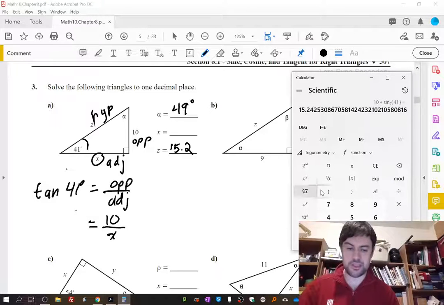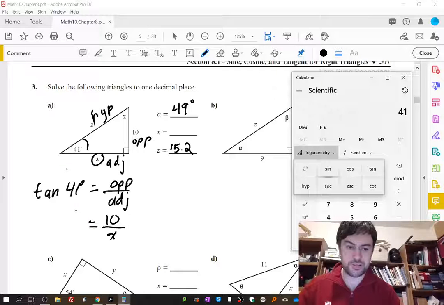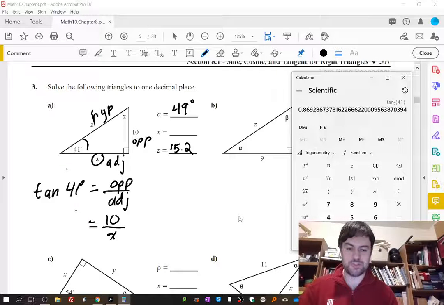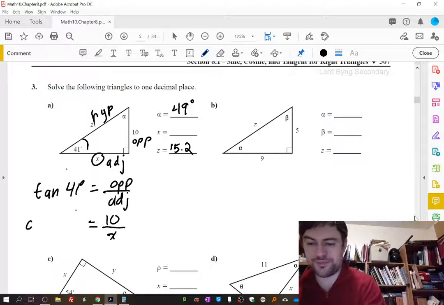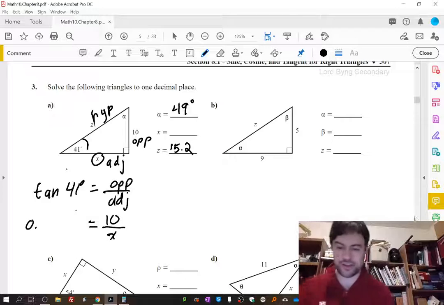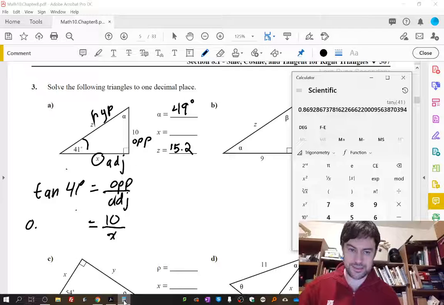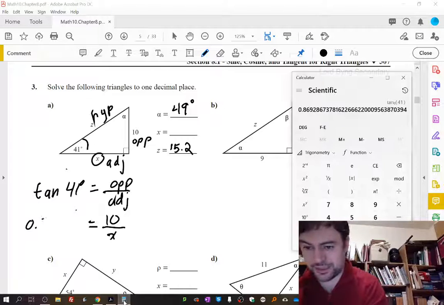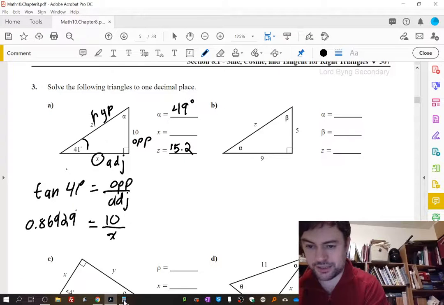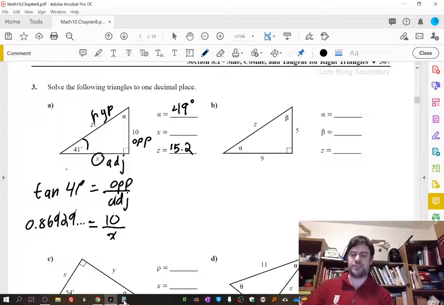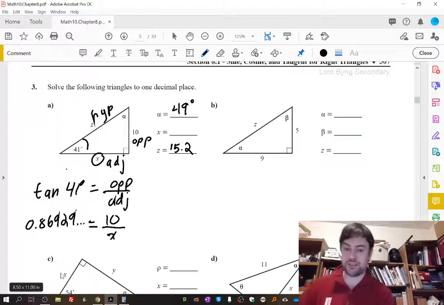I'll clear first, then type in 41 degrees and the trigonometric ratio, this time tan. That gives me 0.86929, basically. It goes on, but I think that's sufficient because I just need it to one decimal place.